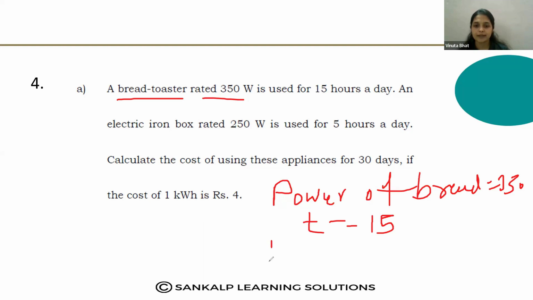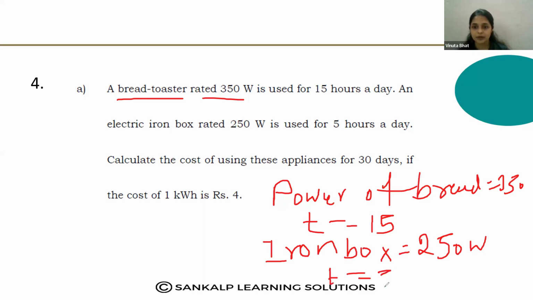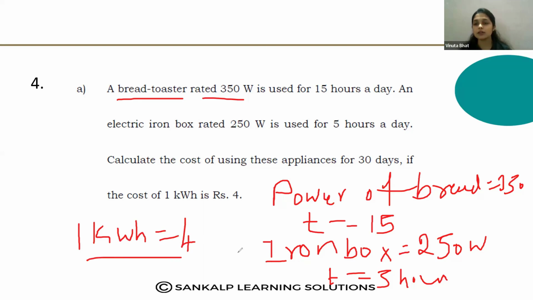And power of iron box, that is 250 watt. And what is the time used per day? That is 5 hours a day. And what is the value of 1 kilowatt hour? That is equal to rupees 4. So all these given data you have to write.